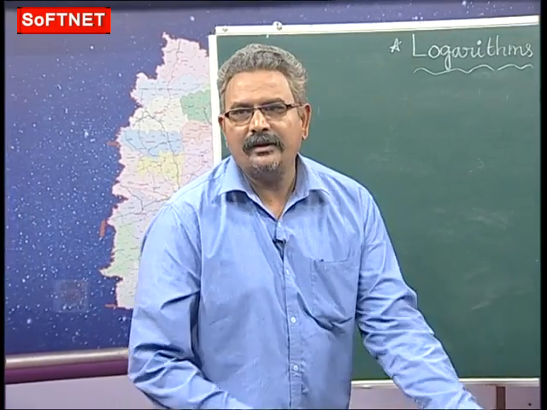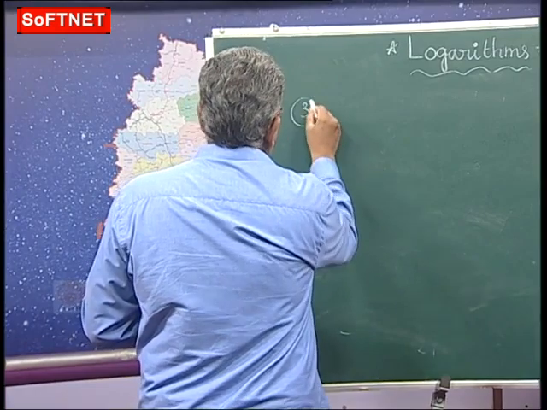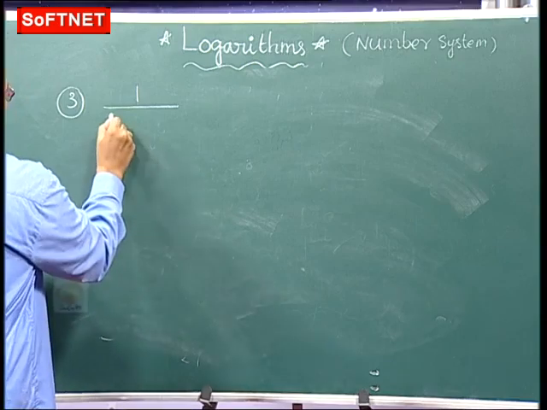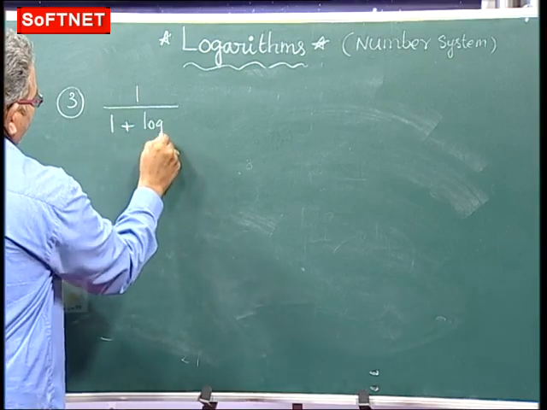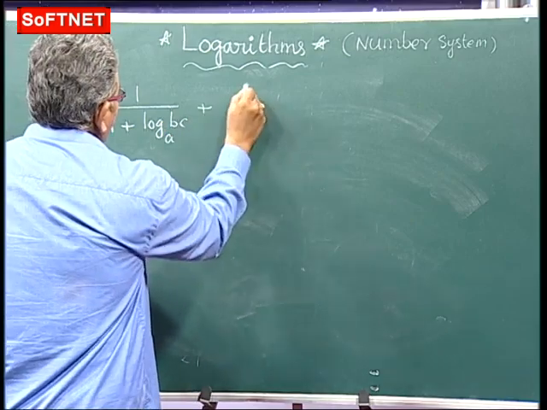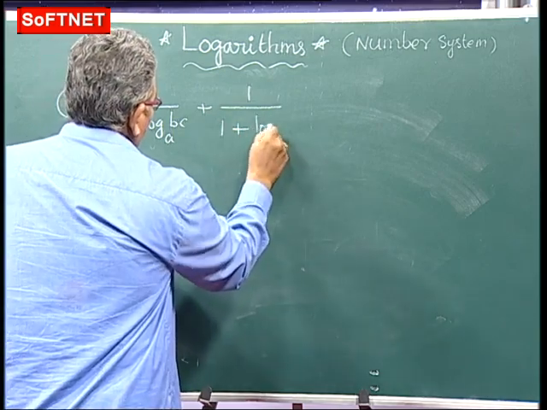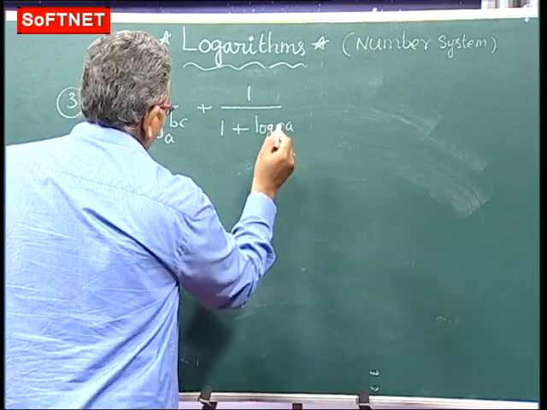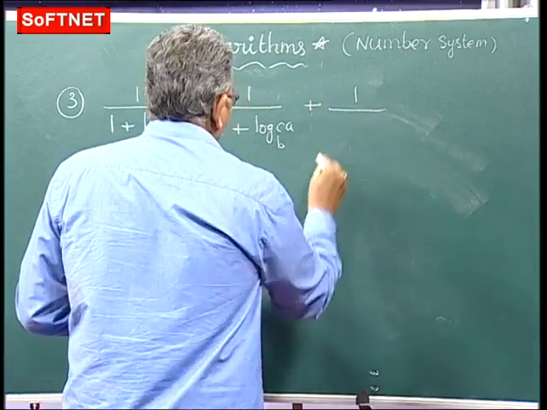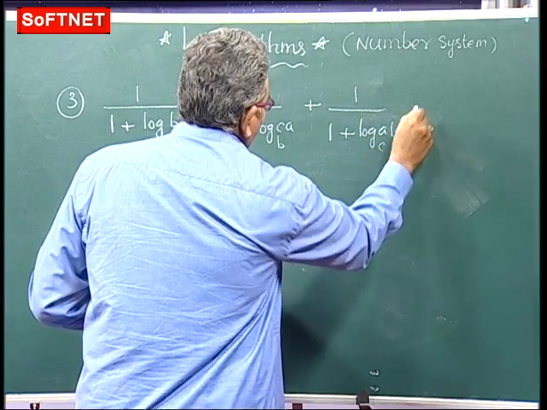Shall we move to the next problem? So, third one: 1 by 1 plus log BC to the base A, plus 1 by 1 plus log CA to the base B, plus 1 by 1 plus log AB to the base C is equal to.